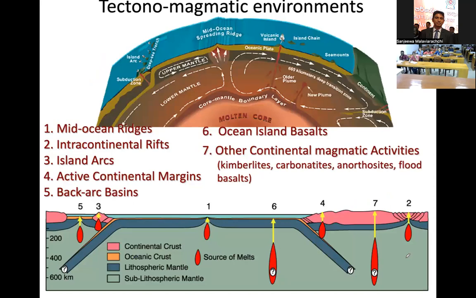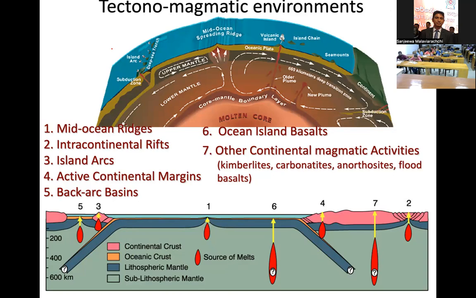Right. So before we move into details on melting with consideration of the mantle melts, we will briefly go through the Earth dynamics, where this melting can take place in different environments. These environments we generally call tectonomagmatic environments.